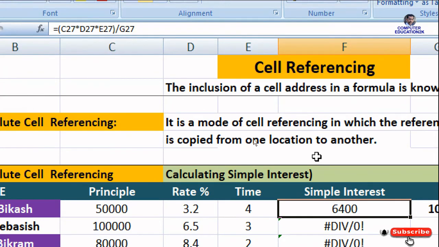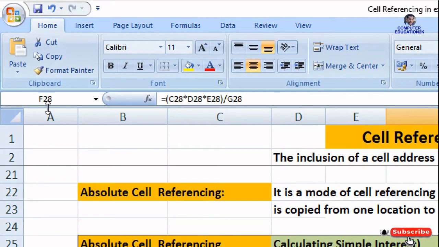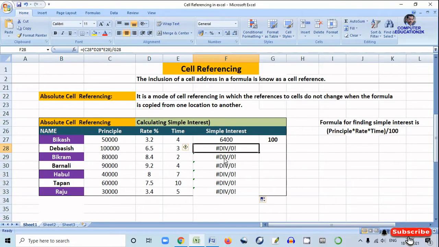But down in this cell, the cell reference has changed. It was C28, D28 and E28. So the cell reference has changed over here. Okay. And there is no value given over here.